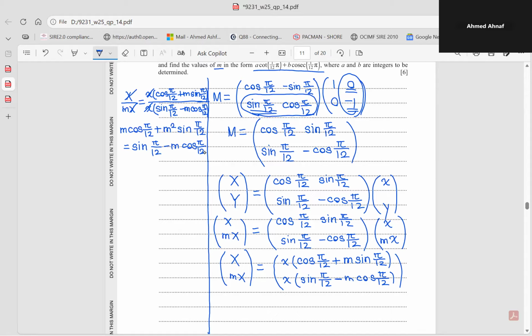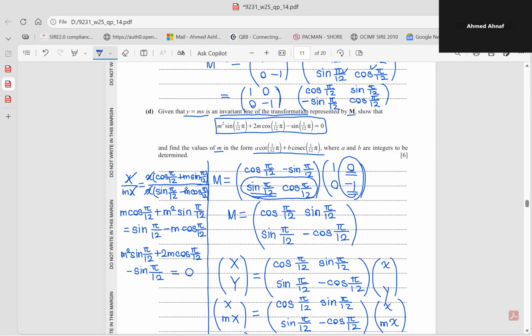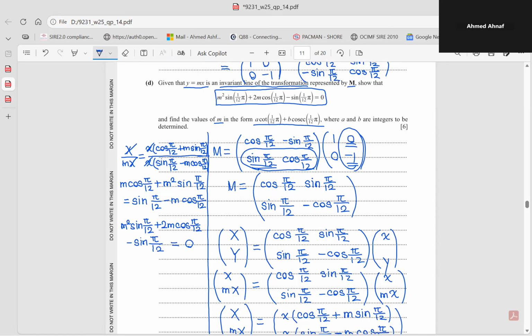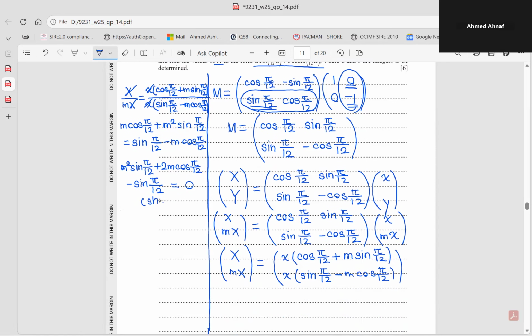Let's move everything to the left hand side. We get m square sine pi over 12, plus 2m cosine pi over 12, minus sine pi over 12, which gives us 0. And that is also the equation that we are told to show, so we're going to write shown here. I know it's very crammed, but I hope you can see what I'm doing here.